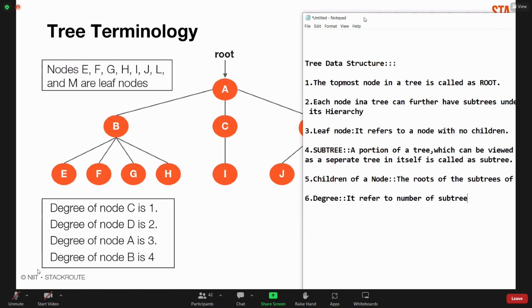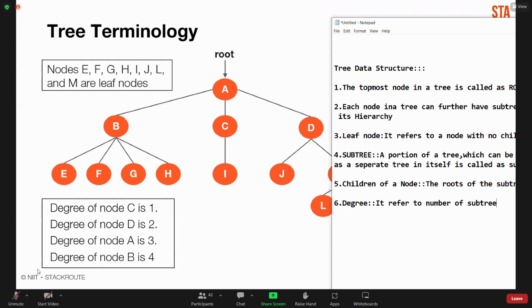So what is the degree of A? Let me start from A. It has three subtrees: B, C, and D. So degree of A is 3. Degree of B is 4.